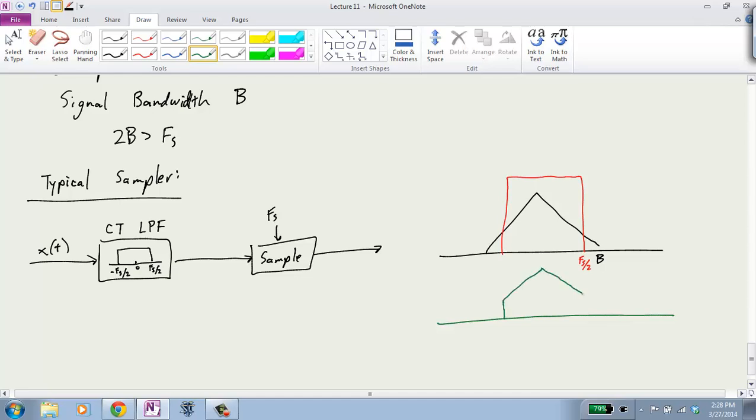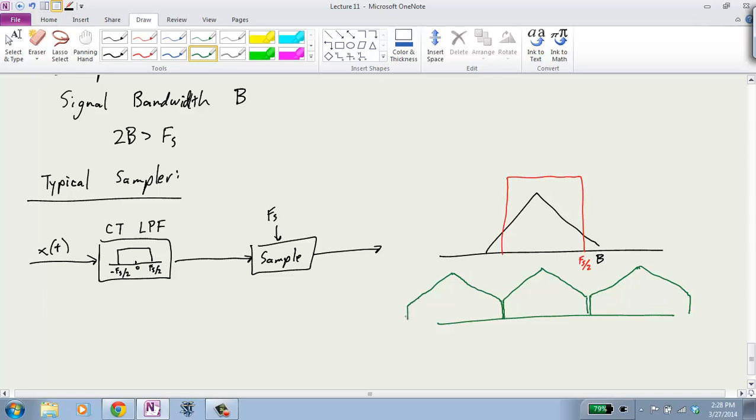Missing parts of the signal, just the price you pay for this sample rate. But then when you actually sample and you copy this over, you don't get overlap, right? So you can still recover. There's no aliasing, no corruption going on in your signal.